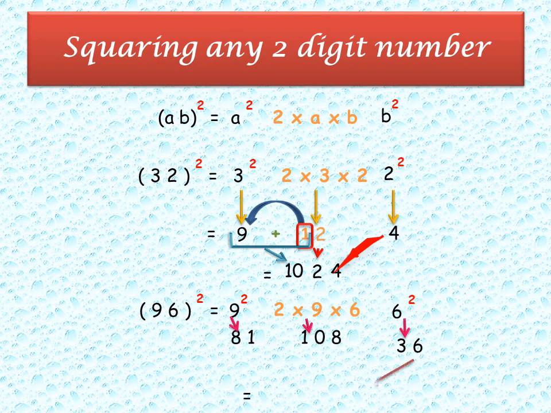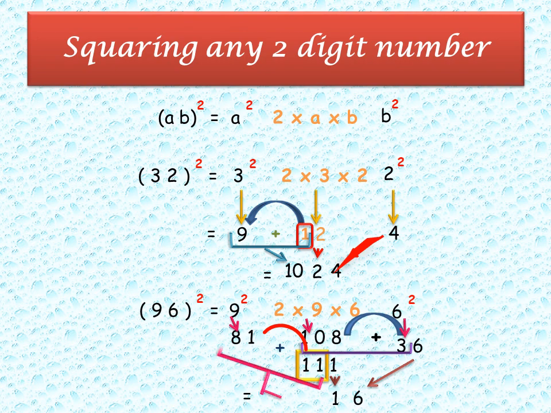So what we have to do? We have to write down the 6 in the units place, and then 3 in 36 should be carried forward, and it should be added to 108. So it gives the answer 111. So the 1 which is there in the units place in 111 should be written down below, and the remaining 11 should be carried forward to 81.